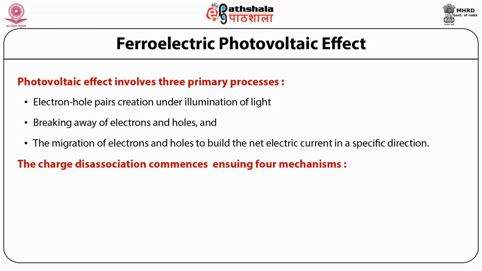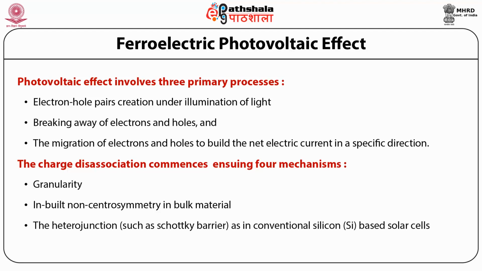The charge dissociation commences following four mechanisms. Number one, granularity. Number two, inbuilt non-centrosymmetry in bulk material. Number three, the heterojunction, such as the Schottky barrier, as in a conventional silicon-based solar cell. And number four, built-in electric field originating from polarization.